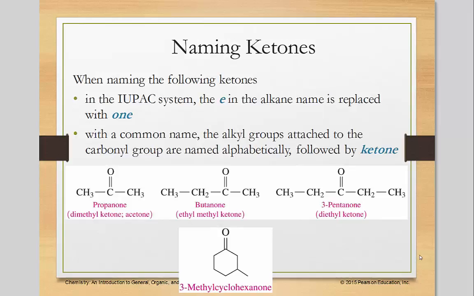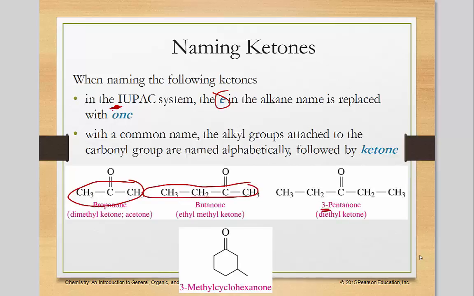Ketones, instead of taking away the E and adding the Al, you're going to take away the E and add ONE. And it's pronounced own. It's a long O. Ketone. So here we have 3. Propane becomes propanone. Butane becomes butanone. Once you get to 5, you have to start telling people where that double bonded oxygen is.